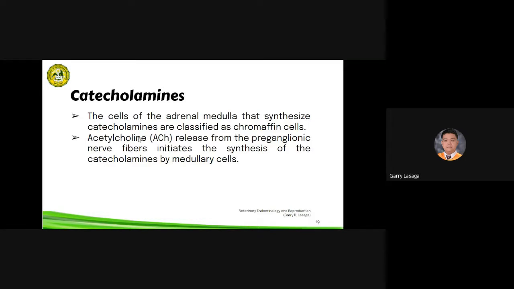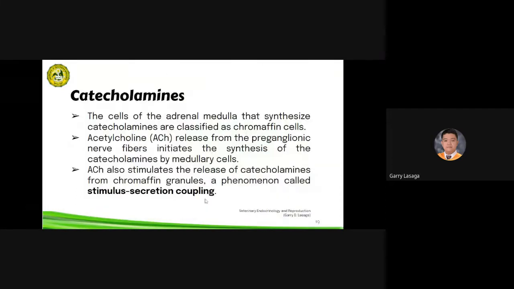It is the factor that will initiate the release of catecholamines from the chromaffin cells. The acetylcholine will stimulate the release of catecholamines from the chromaffin granules, and this phenomenon is known as the stimulus secretion coupling. These chromaffin granules are located within the chromaffin cells.